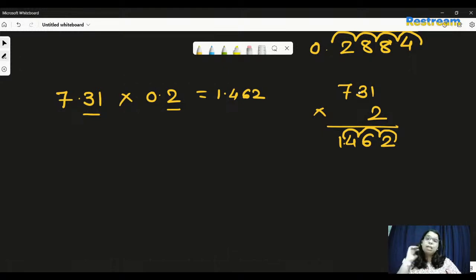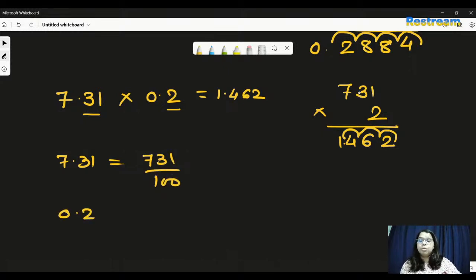Now there is another way of doing this, and I'm going to show you that also. The other way is 7.31 can be written as 731 over 100, and 0.2 can be written as 2 over 10.